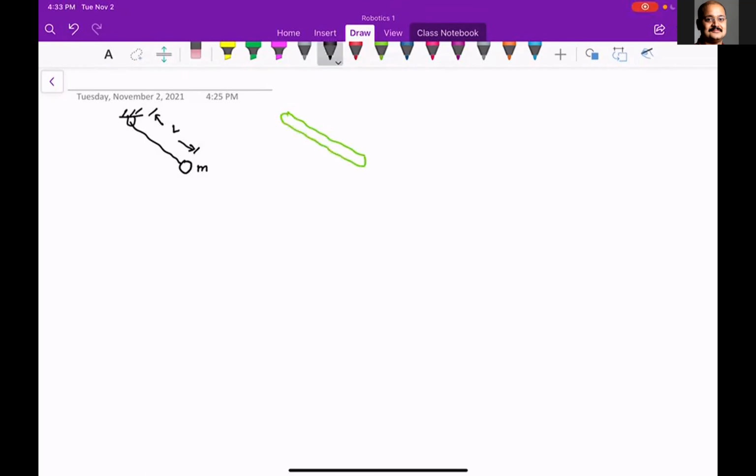So now this is the problem that we are trying to solve. This is called as the simple pendulum. And this is called as the compound pendulum.